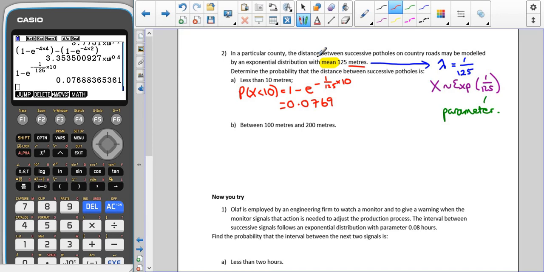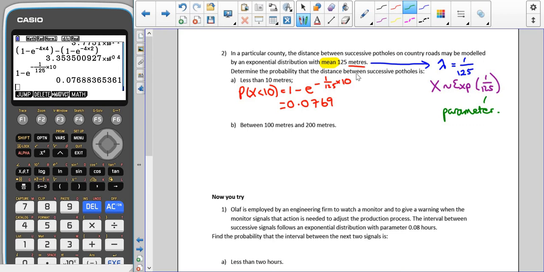We would measure it as the distance. We'd measure that as meters. So it's the time between the events, or it's the distance between the Poisson events. Whatever the Poisson events is in terms of, the exponential distribution is going to represent the time between those. So just be careful with that.